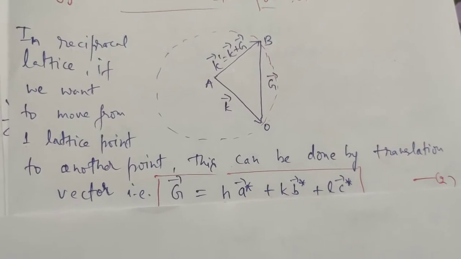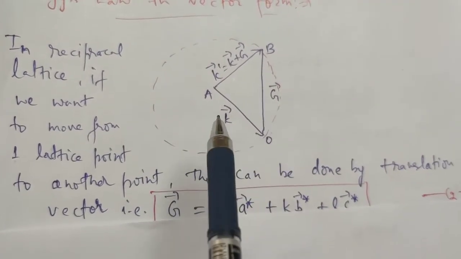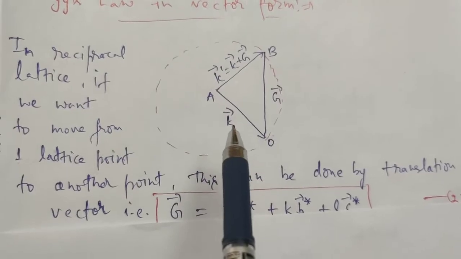So these I have written. These are the vectors: this is the k vector, this is the G vector.